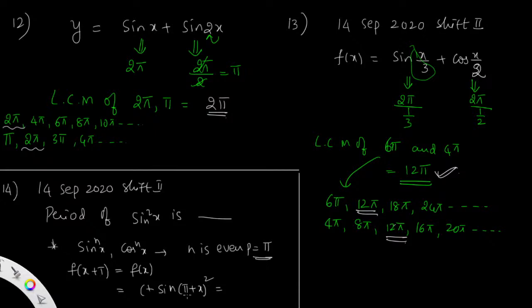Then sine of pi plus x is minus sine x, whole square, which is minus times minus, positive sine square x, equal to f of x. So the value in the place of t is pi. Therefore the period of the function is pi. Or else, by the formula, if n is even, the periodicity of the function is obviously pi. So many methods are there for solving this type of question.